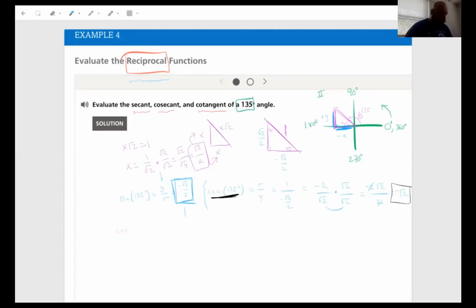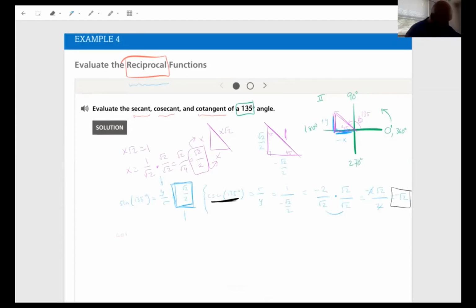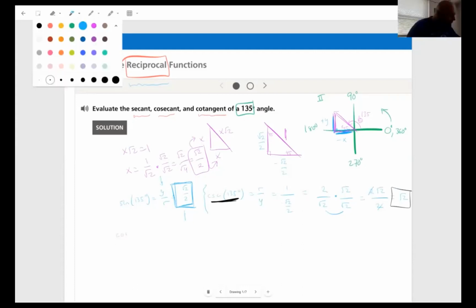The y value is positive. So luckily, because the x and the y are the same number, just the sign is different, the only thing I have to do is take out the negative sign here, here, and here, and then it all becomes true. So the cosecant of 135 is positive square root of 2, not negative square root of 2.